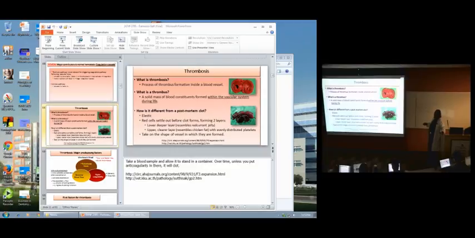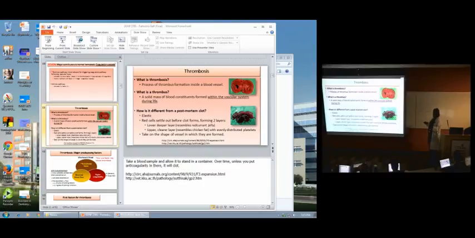For the post-mortem clot, because it's more like a passive process, the person has died, what happens is that the red blood cells settle, and so you have two layers. I told you pathologists like to use food and things to remember. So this one looks like red currant jelly, and this one resembles chicken fat.